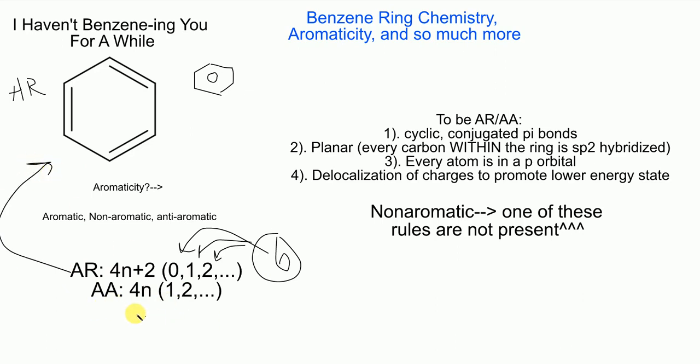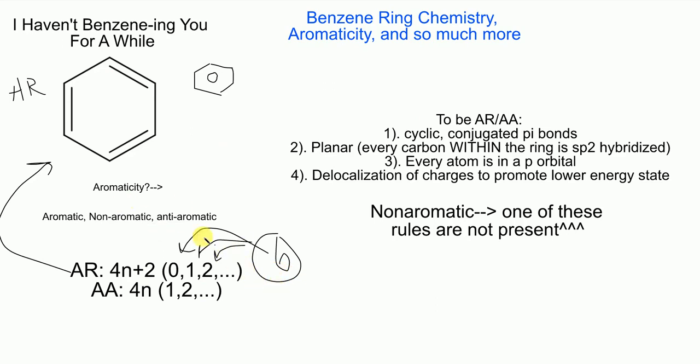And if I look at the anti-aromatic formula, I can never get the number 6 from this formula. I can only have multiples of 4: 4, 8, 12, and so on and so forth. But with this one I can have multiples of 4 plus 2, and 2 itself, because n can be 0. Those are special times where you have only 2 pi electrons and you have all these things and it's aromatic.